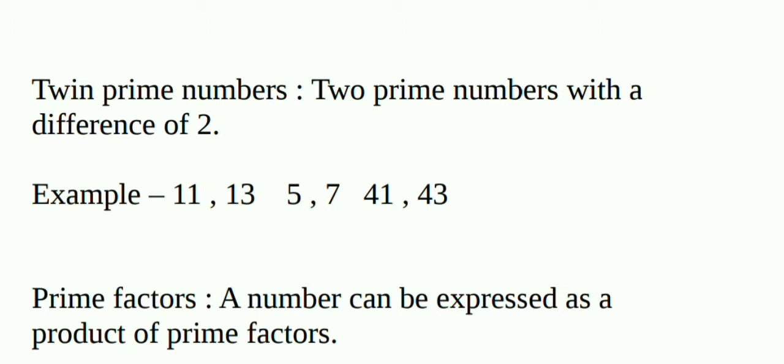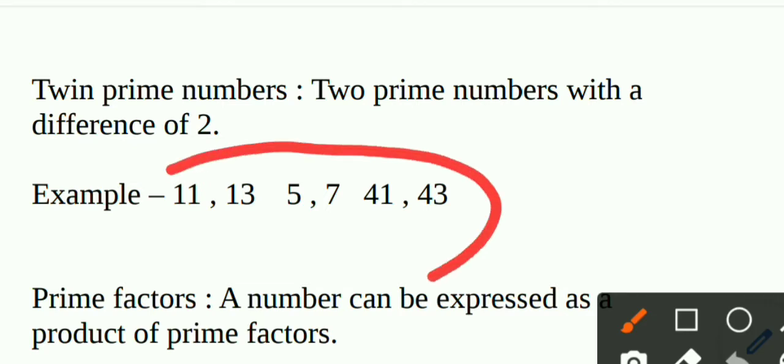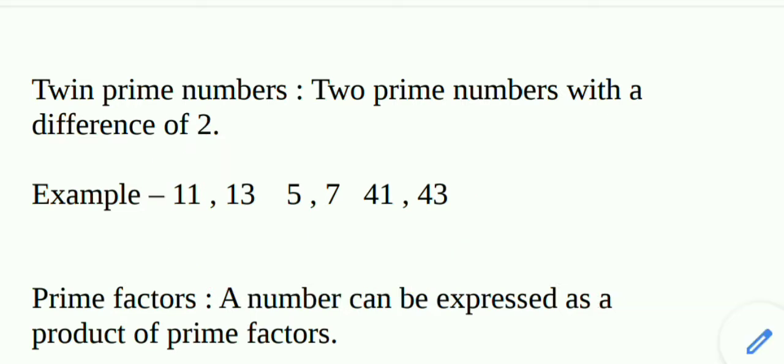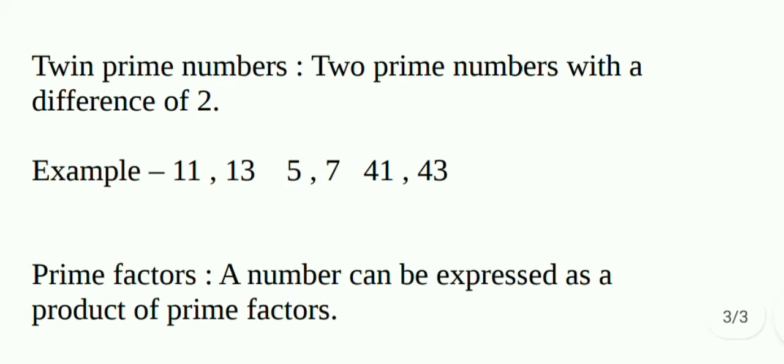These are 11, 13, and 5, 7, and 41, 43. These are the prime numbers, and they have a difference of 2.